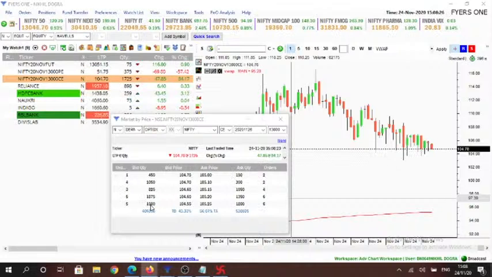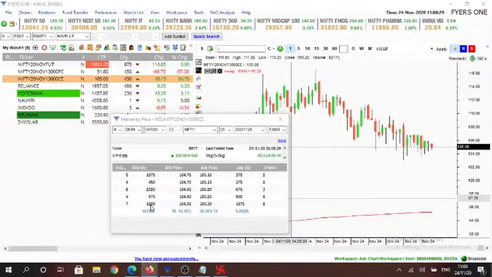So one can observe these levels at which there are relatively higher quantities and see whether the market is able to breach those levels or not. If it is able to breach those levels, it gives us a hint, and if it is not breaching those levels, then it tells us that most likely.